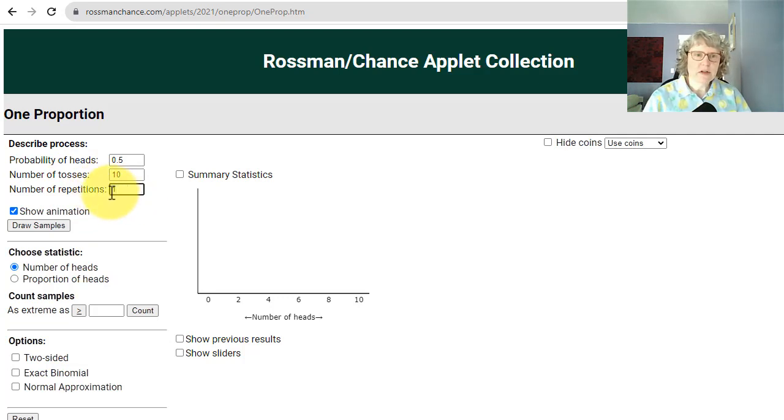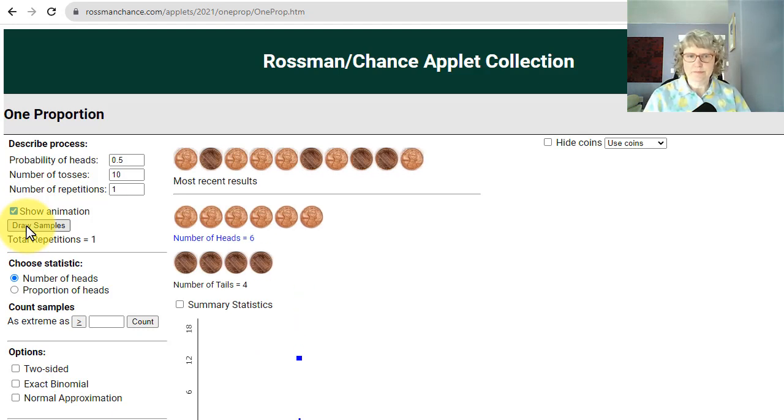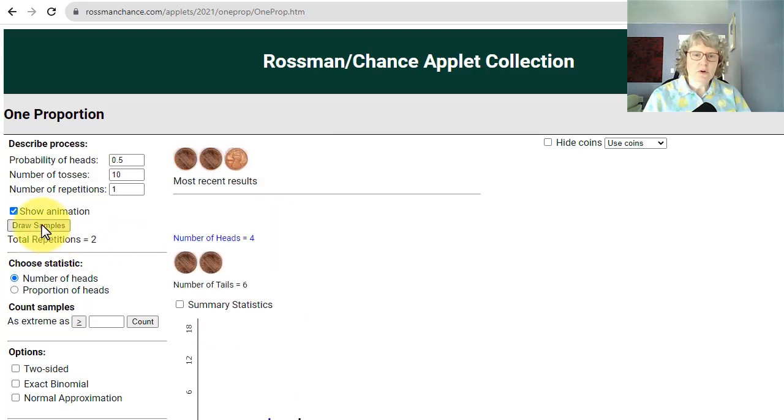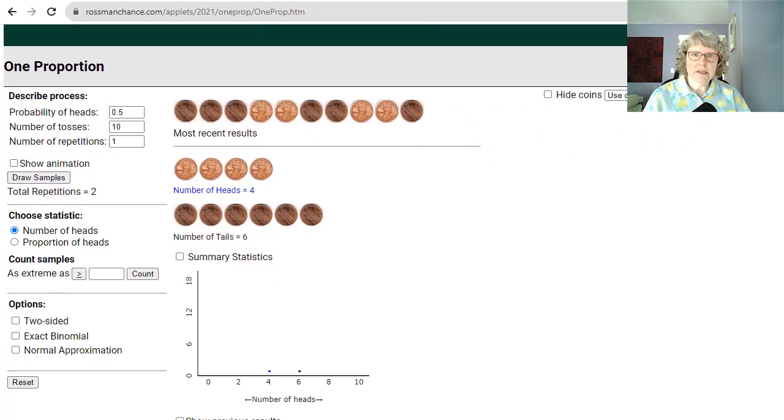Let me just do one at a time since it's been a little while. And I'll show you the coins. Remember, this is like an individual sample of 10 when it's 50-50. This time it was 6 and 4. And then 10 more coin tosses. I'll get rid of the animation, but I'll keep the coins so you can see.